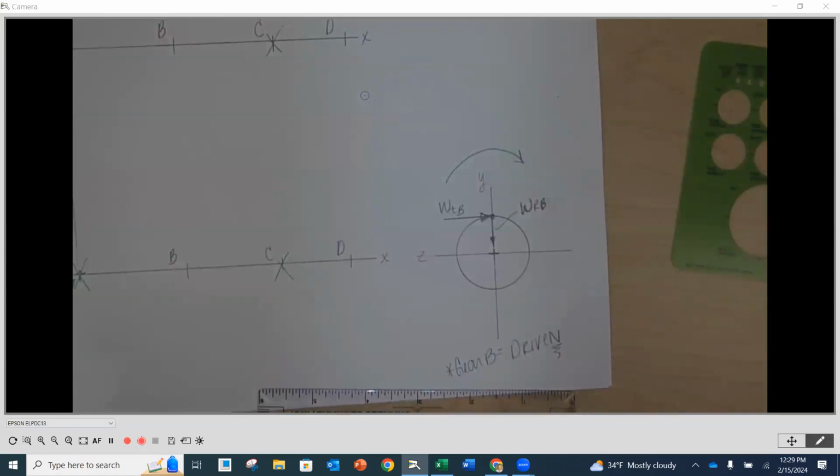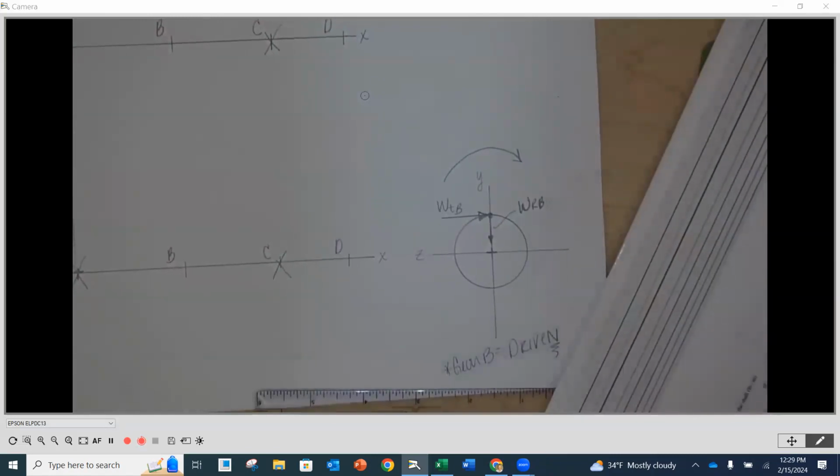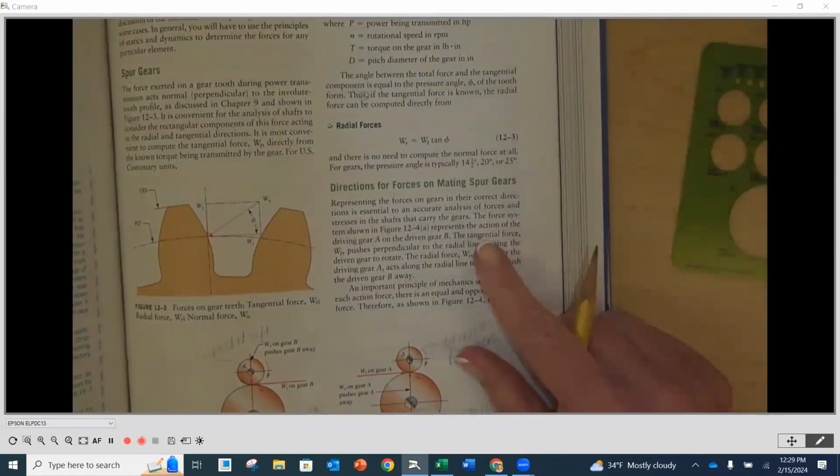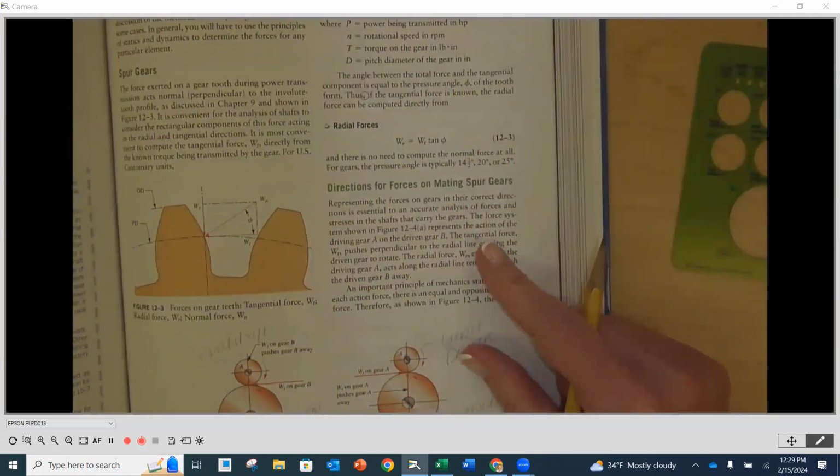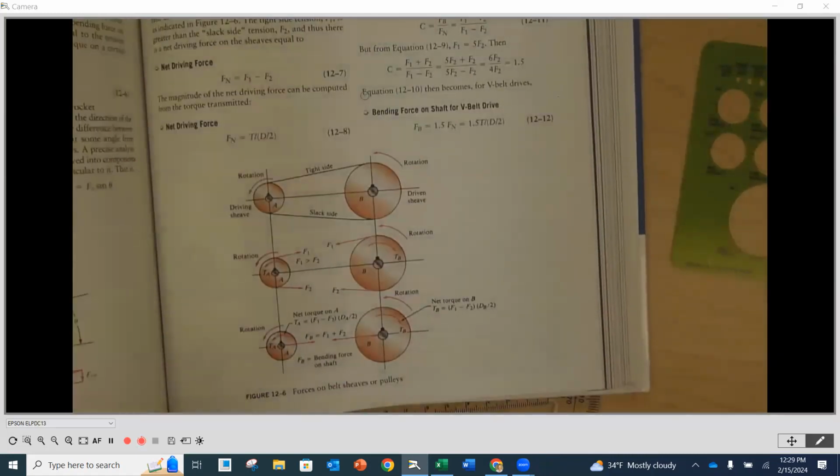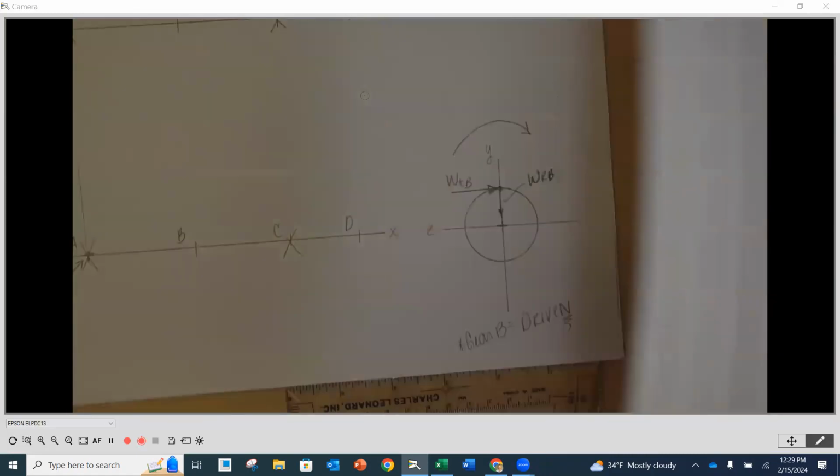If you need to reference this or go over it, the book spends time on it. You will find this on page 513, directions of forces on mating gears, right down there. So 513 if you need that. And I think it goes over into 514 as well.